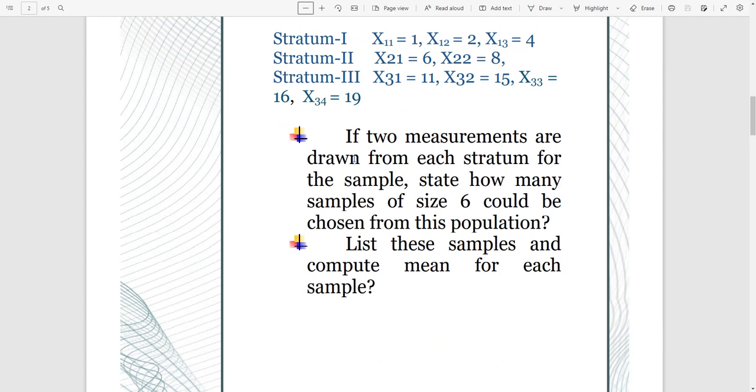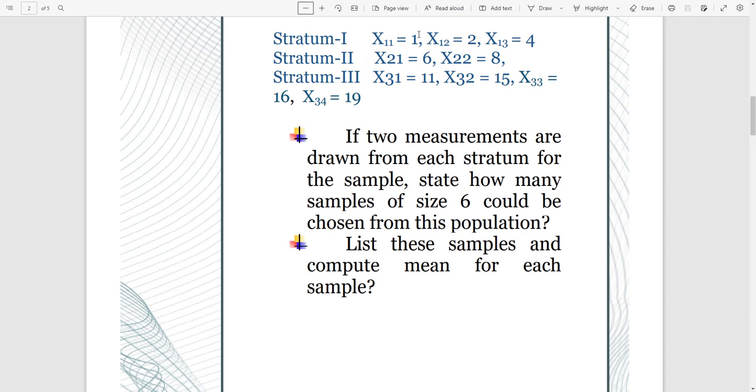What do we want to find? If 2 measurements are drawn from each stratum, that is, 2 from stratum 1, 2 from stratum 2, and 2 from stratum 3, state how many samples of size 6 could be chosen from the population. The total sample size will be 6.